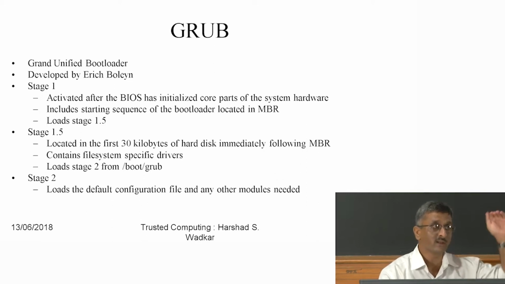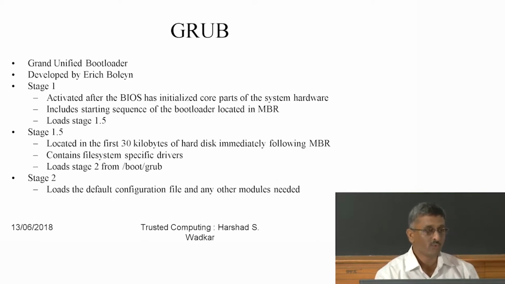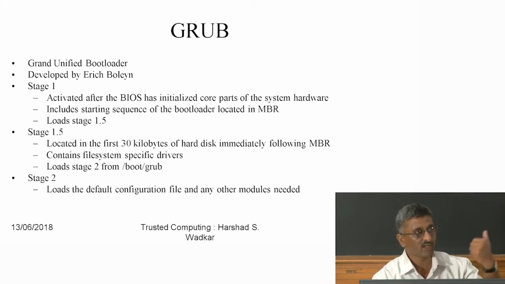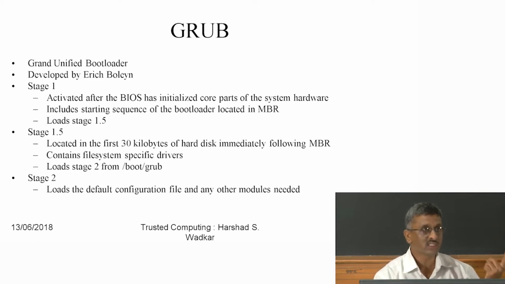Now stage 1 is in the active part. It is located in the first 30 kilobytes of the hard disk. From where does it come? In MBR. So the first 30 kilobytes are for stage 1.5. It compares stage 2, and if stage 2 is found correct, untampered, then it loads stage 2. It loads the default configuration file and other required modules, that is, the kernel modules which are required.